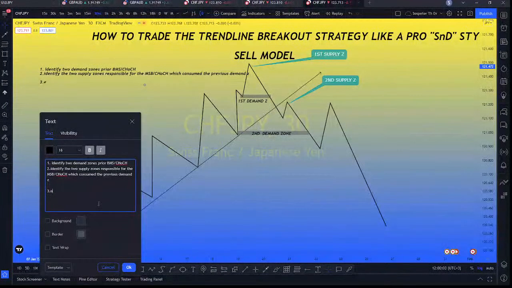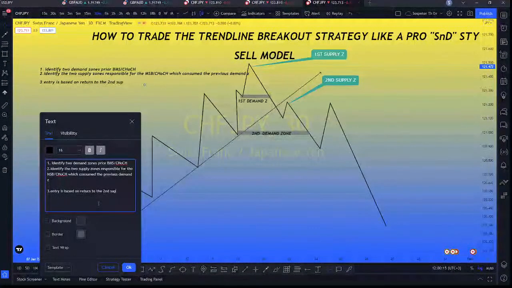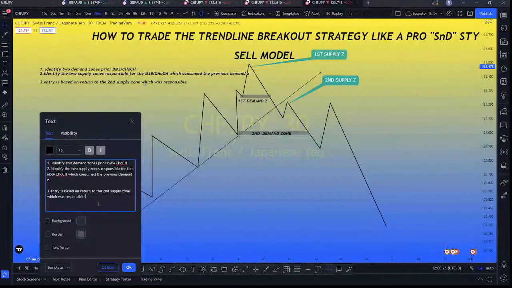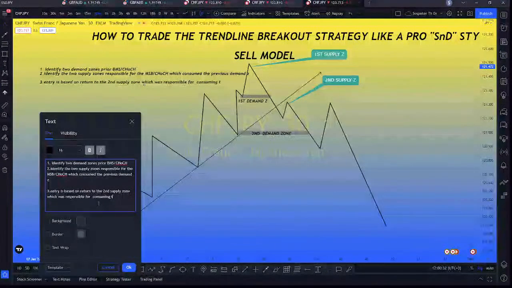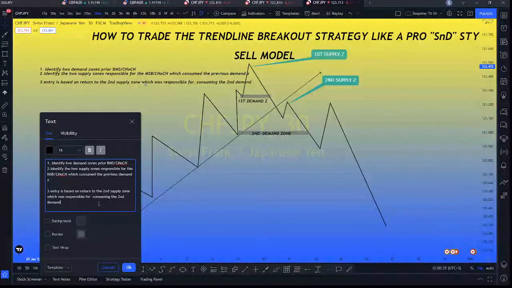So the entry is based on return to the second supply zone which was responsible for consuming the second demand zone.